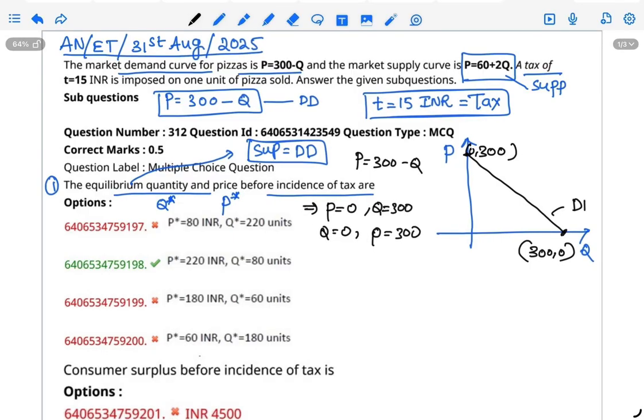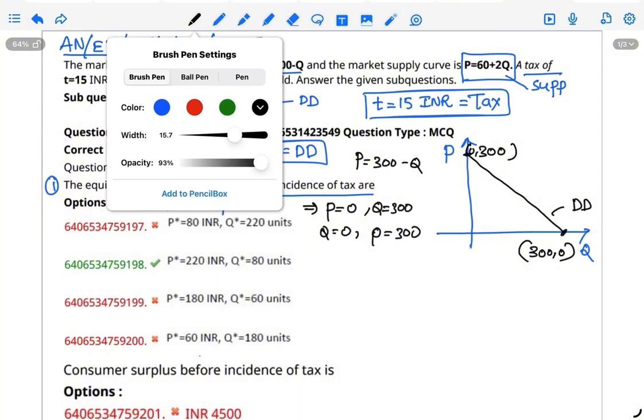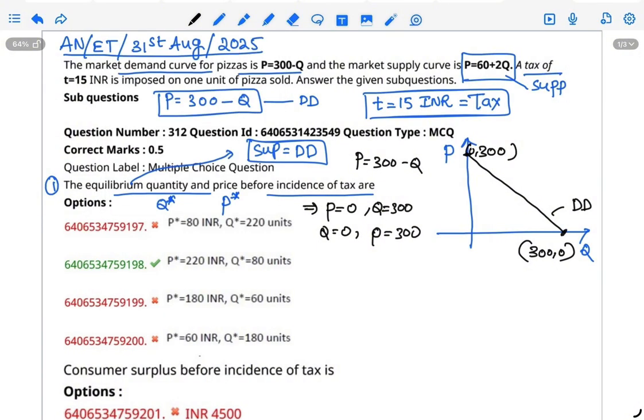This is the demand function. And the supply function equals 60 plus 2Q. This value 60 is the intercept, and the supply has an upward slope. This is the equilibrium point.